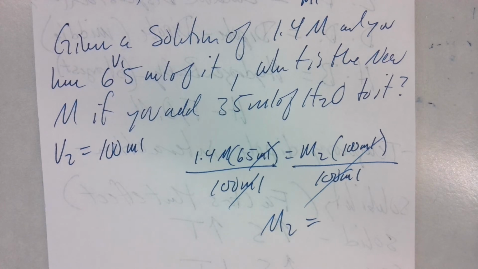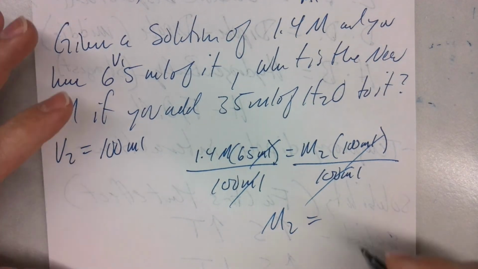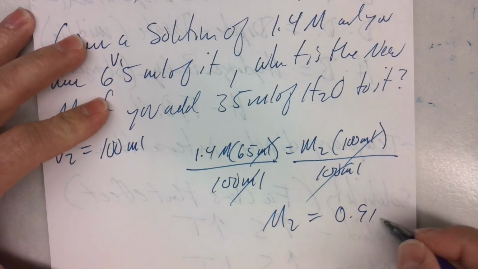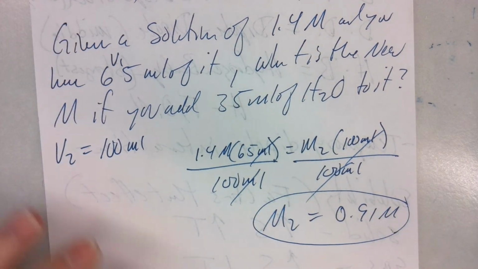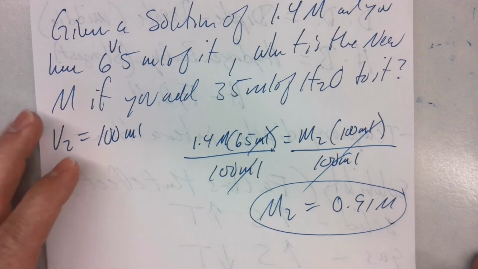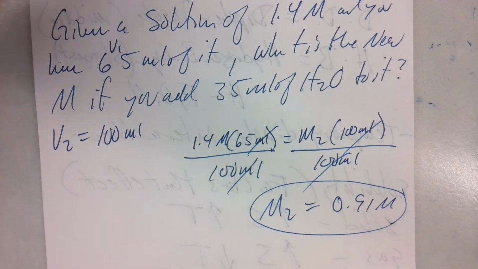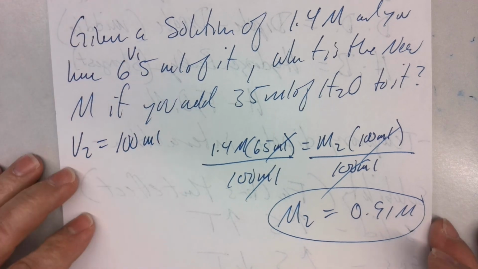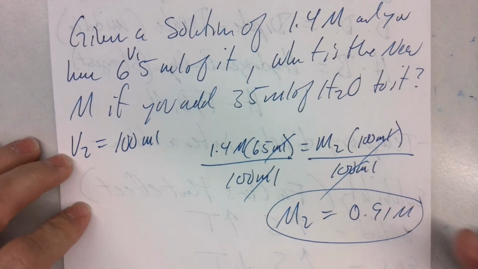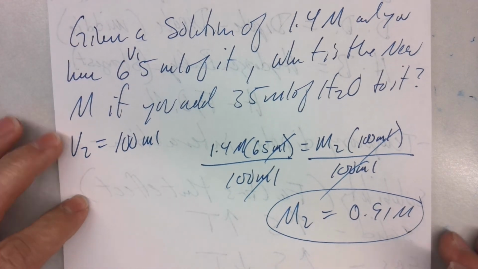Now, as I write down Tolman's answer, so I got 0.91 molar. Anybody remember something I taught you about looking at that? Are you going to say sig figs? No, but that is a great point.